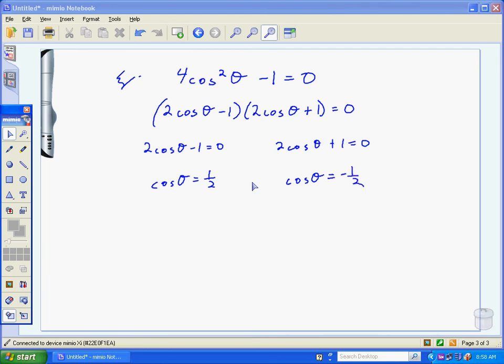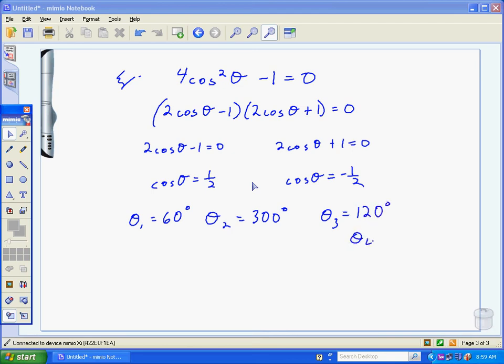Somebody got some solutions for me? This one here should be 60 degrees. And it should be 300 degrees. Correct me if I'm wrong. And theta 3 should be 120, yep.